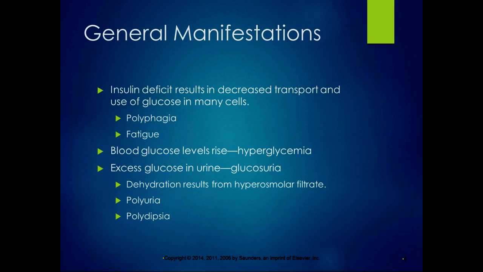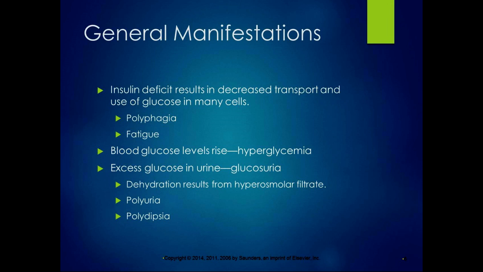So the general manifestations, whether you have type 1 or type 2: the insulin deficit results in decreased transport of glucose into many cells, which causes the symptoms of polyphagia and fatigue. Polyphagia meaning you want to eat all the time because your cells aren't getting adequate nutrition, adequate glucose, and so you feel like you have to eat all the time.